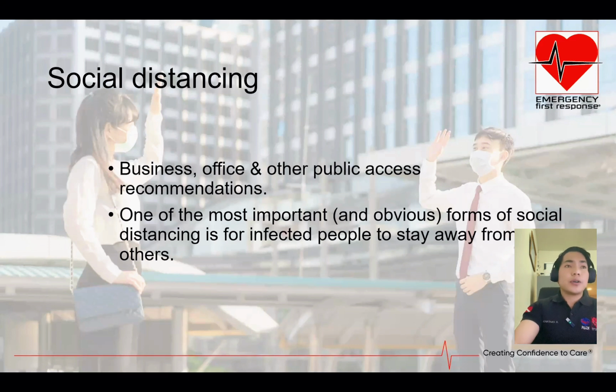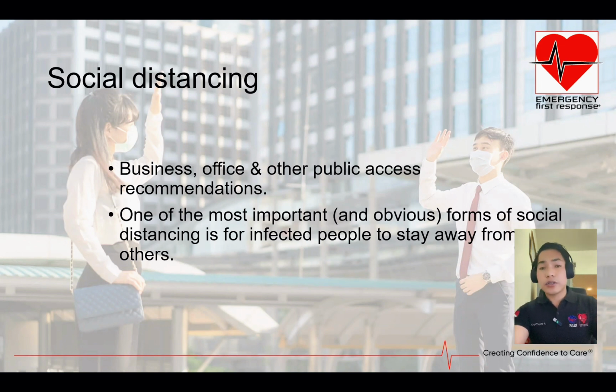So again, social distancing, business office and other public access recommendations. One of the most important and obvious forms of social distancing is for infected people to stay away from others to avoid transmission.